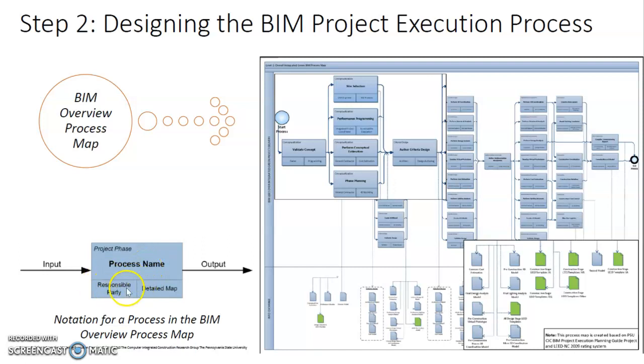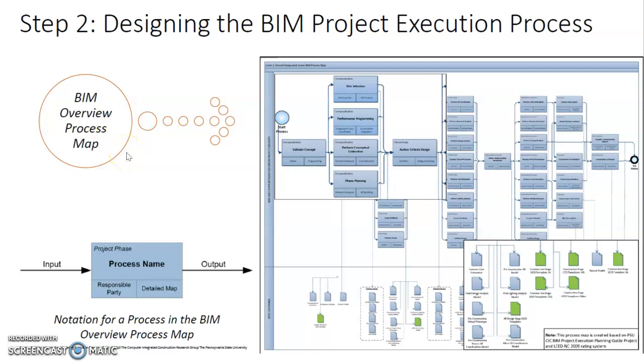Who is the party that is responsible to create this 3D BIM model, update this 3D BIM model, and own the 3D BIM model? What is the particular phase of the project? Where is it in the detail map? So you have the input going into this particular BIM use, the 3D BIM model, and then the output, where does it go to? Okay, so that is the first stage.